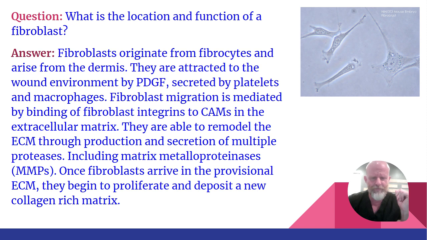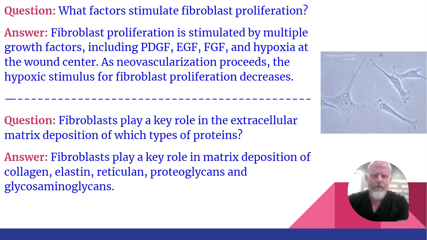Once fibroblasts arrive in this provisional extracellular matrix, they begin to proliferate and deposit a new collagen-rich matrix. So super important in creating granulation tissue and moving a wound from the inflammatory phase into the proliferative phase. What factors stimulate fibroblast proliferation?